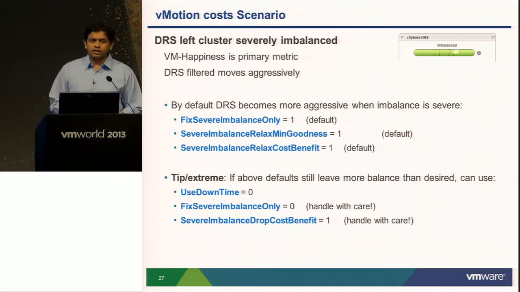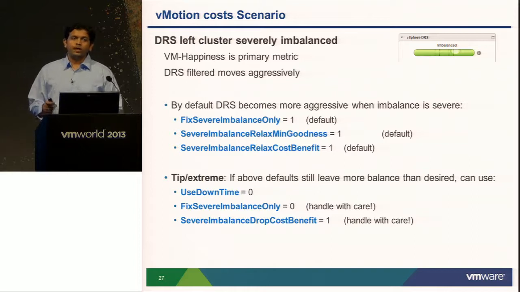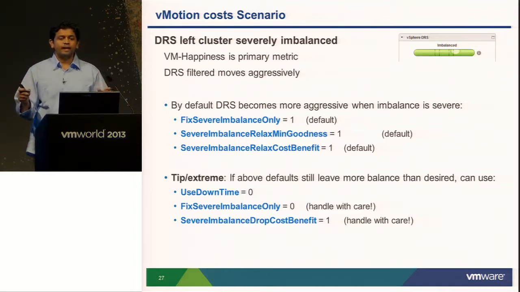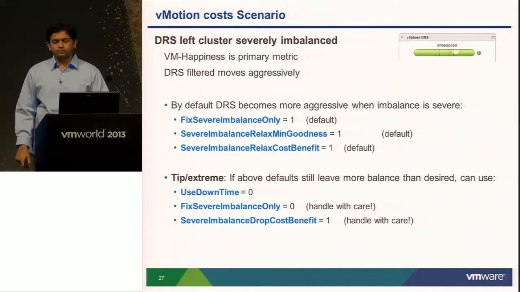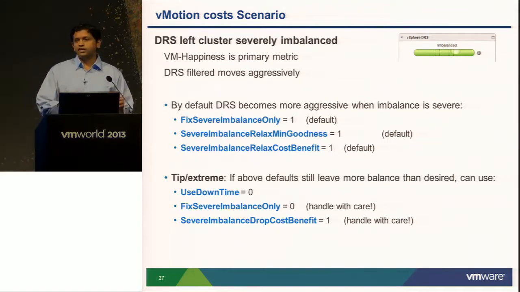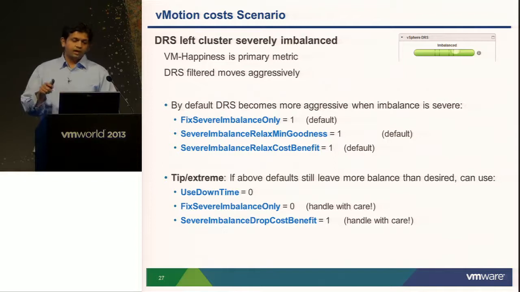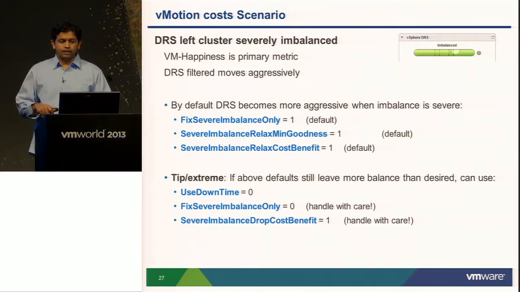So we introduced an option in 2012 wherein if the cluster becomes severely imbalanced, we drop the cost-benefit filter. There is another filter called the min goodness filter, where DRS tracks how much benefit there is when you move a VM. And if this benefit is lesser than a threshold, DRS will not do the move. When the cluster is severely imbalanced, the filters are dropped.